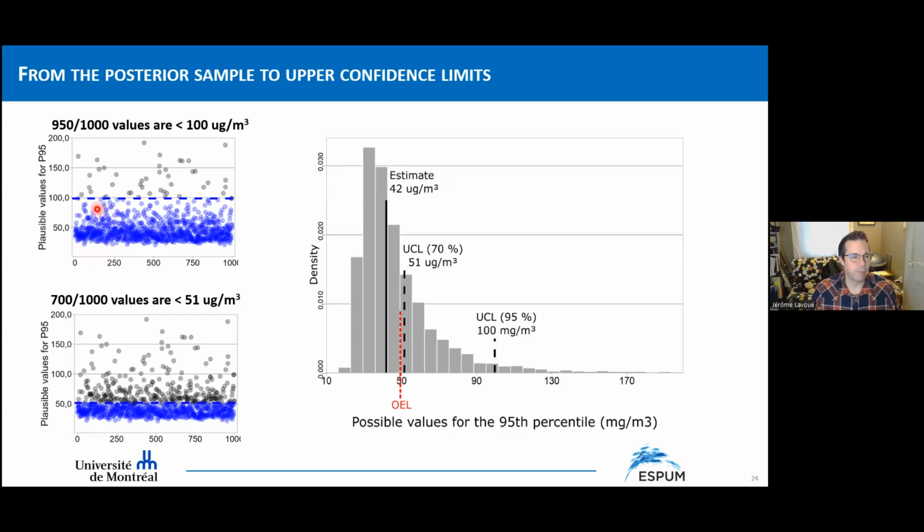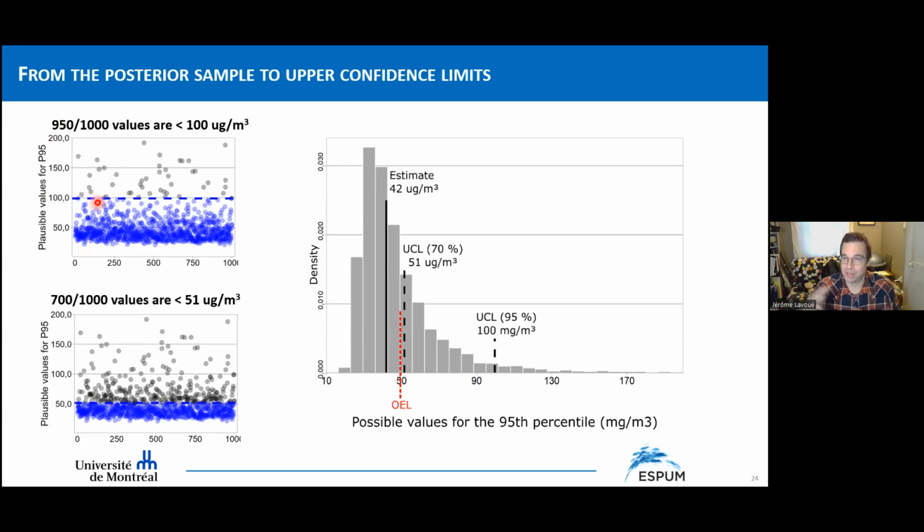And what I remark is that 95% of them, or 950, are smaller than 100. So what it means, if you remember yesterday, is that 100 micrograms per cubic meter represents a 95% upper confidence limit for the 95th percentile.